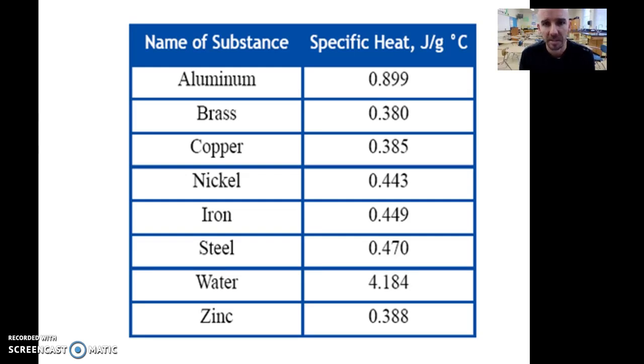I think of specific heat as kind of the cost to heat something up. If you wanted to heat up a piece of brass, for example, it's relatively cheap. It doesn't take a whole lot of energy to heat up brass by 1 degree Celsius. It only takes 0.38 joules. But to heat up water by 1 degree Celsius, it takes a lot more energy. It takes 4.1 joules for every degree Celsius. So you can think of it as almost the cost in energy to change something's temperature.